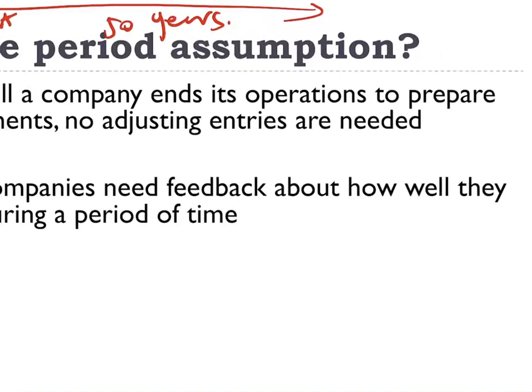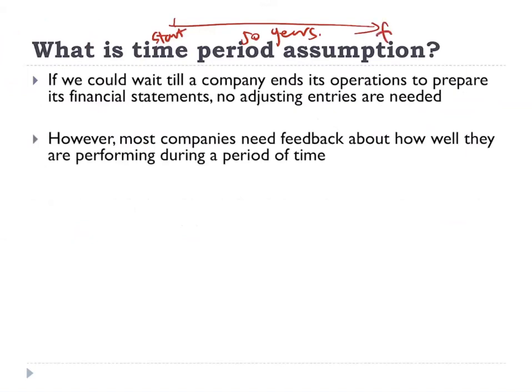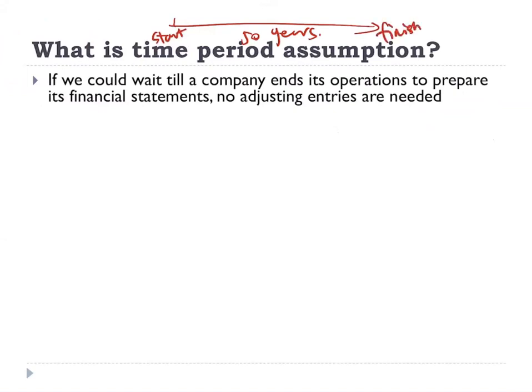So from the start to finish, we can wait for all of those 50 years to make a financial statement. This is one way we can do accounting. And if we wait all of these 50 years until the end of its operation to prepare its financial statement, then actually we don't need adjusting entries. So no adjusting entries are needed.